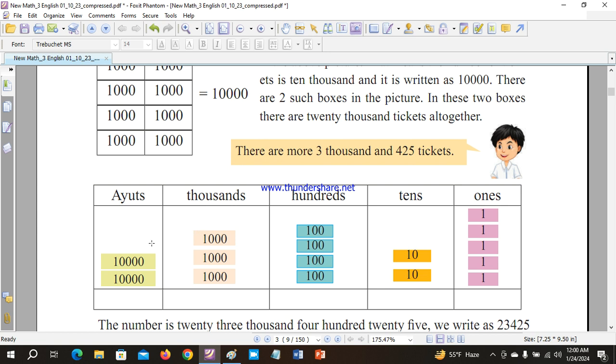Here there are two Ojut, I mean two 10,000s. In Bengali we say it Ojuts.